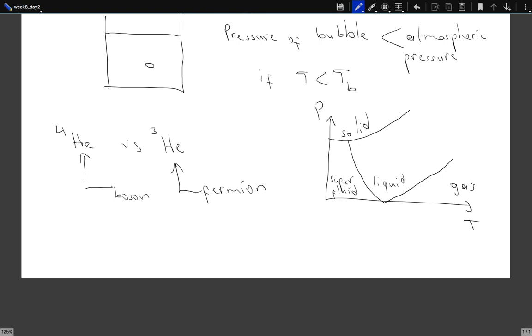And if you want to create a solid, again you have to go to even higher pressures to be able to create a solid from helium-3, because being a fermion, the helium-3 atoms will try to avoid each other. And then what happens in helium-3 is more or less what happens in superconductivity. Fermions form Cooper pairs, and then they become a superfluid. So the mechanism also is completely different due to the quantum mechanical effects, which have to be taken into account.